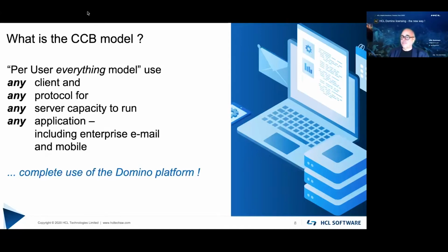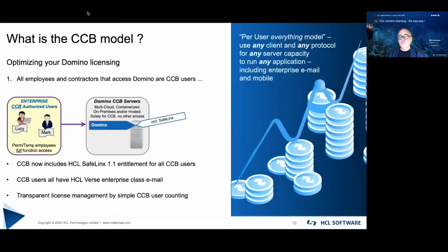If we dive a little bit more into it, what we wanted to do was optimize the whole licensing, and we have looked at who are the user constituents that are working with your setup. So first of all, let's look at the employees and contractors. So anyone that works directly for the enterprise that are licensed and need to use Domino, they need to be a CCB user.